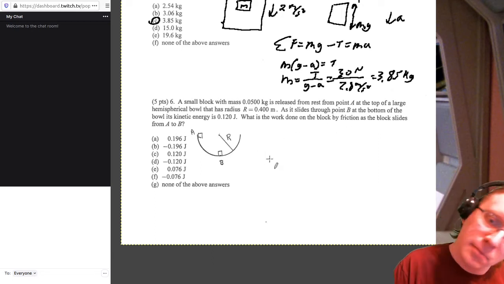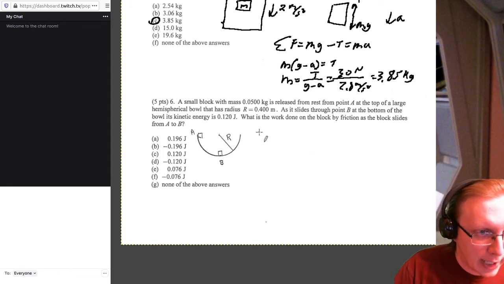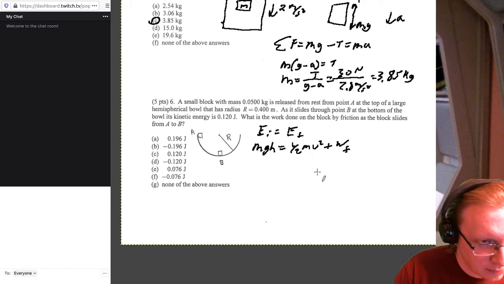All right. So we have energy initial is equal to energy final, and so we start out with mgh is equal to 1/2 mv squared plus the work of friction. h is equal to 1 radius.